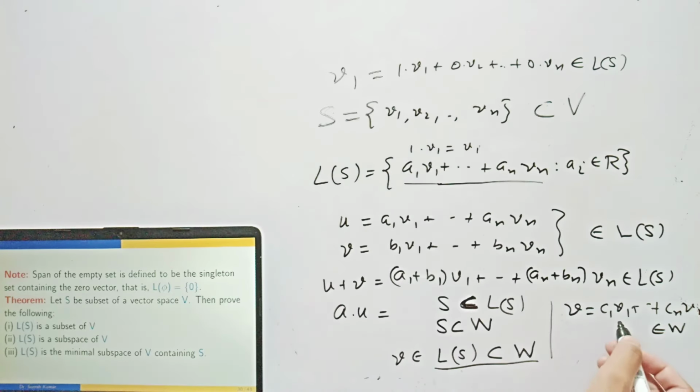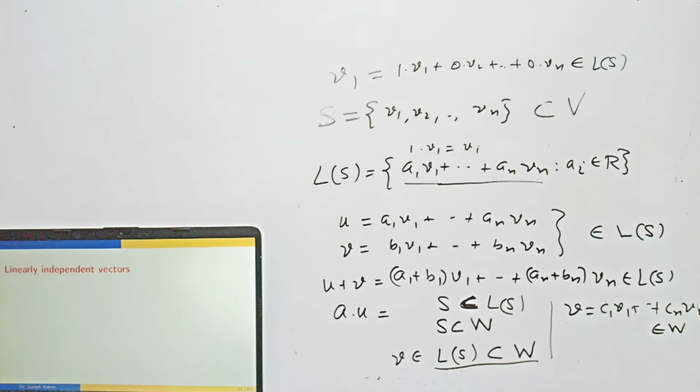Because this is a linear combination of the members of S, and S is a subset of W. Further, W is a subspace, so this linear combination goes to W. Okay, so the argument is very simple. So Ls is the minimal subspace of V containing S.